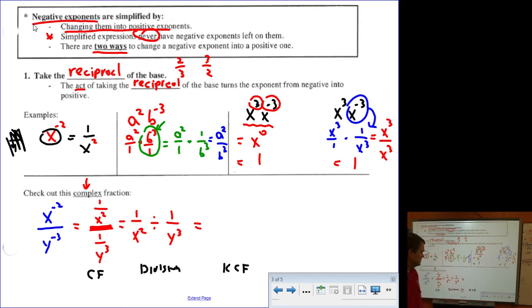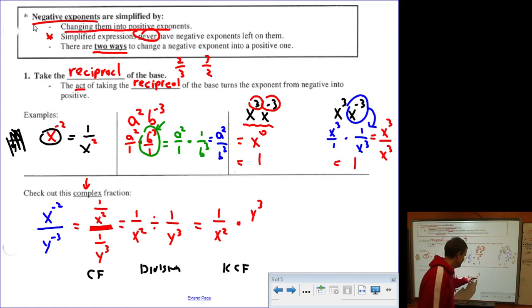So when I try to divide this fraction, I would change it into a multiplication problem and make it 1 over x squared times, and I would flip the second one and make it y to the third over 1.